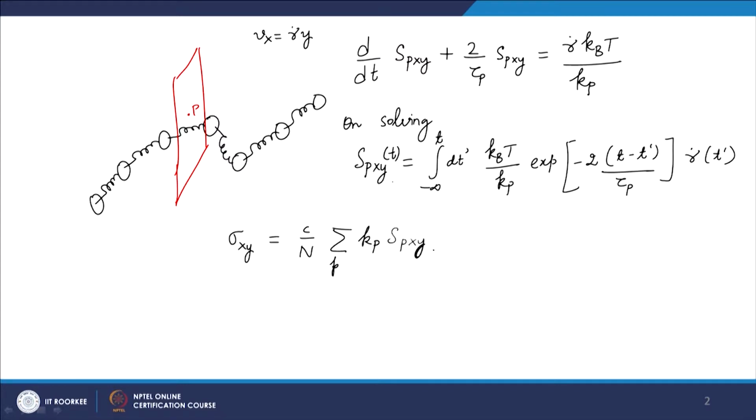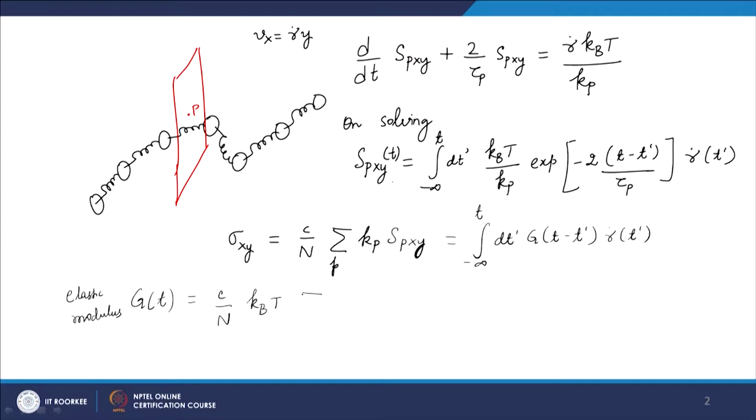This is something like this, and this, by the form of S_p,xy I have just defined, would be something of the type this, where I will later define this G(t) as the elastic modulus, which in this case is c/N k_B T times the sum over all Rouse modes.